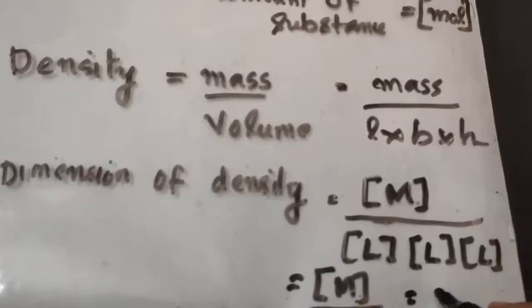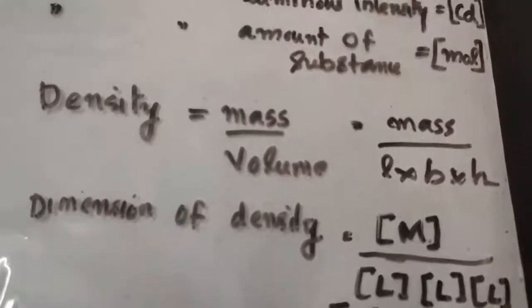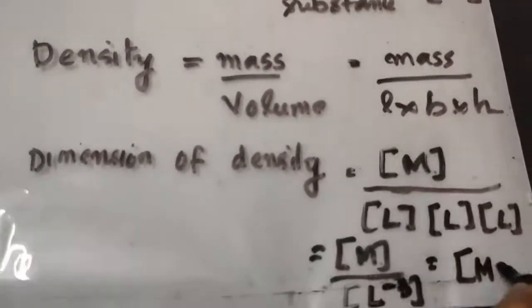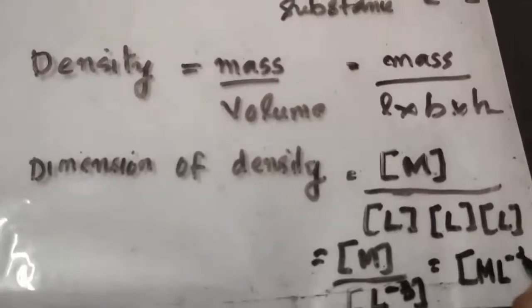So it is M divided by square bracket L cube, that is, M L raised to minus 3.